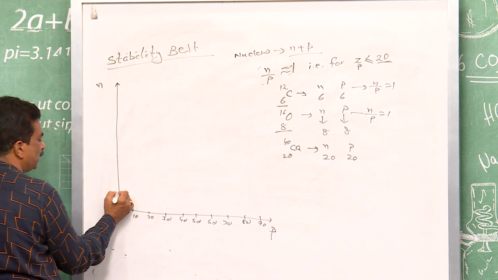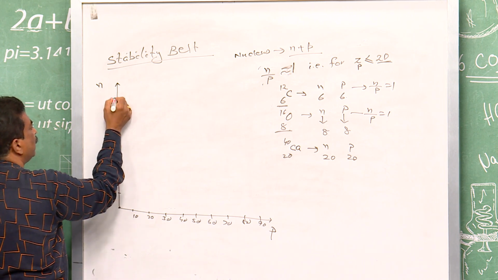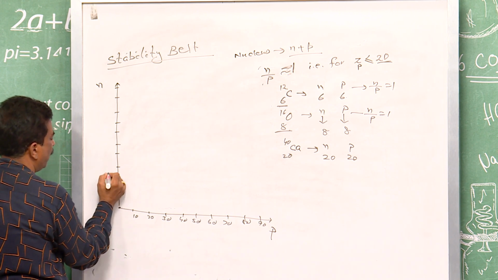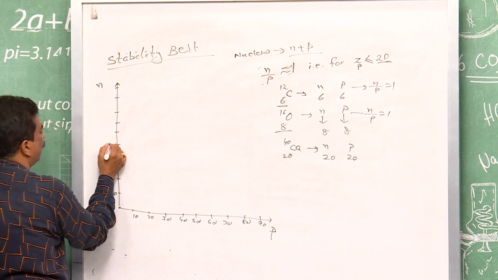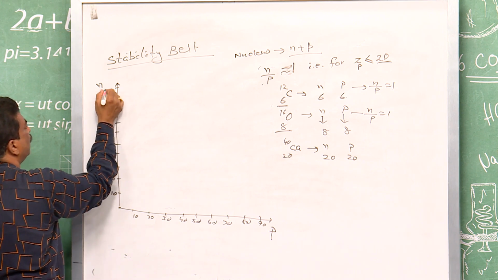Similarly, under the y-axis: 10, 20, 30, 40, 50, 60, 70, 80, 90, 100.